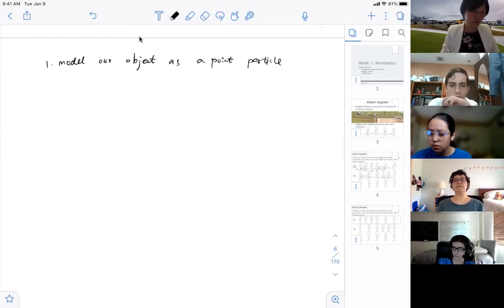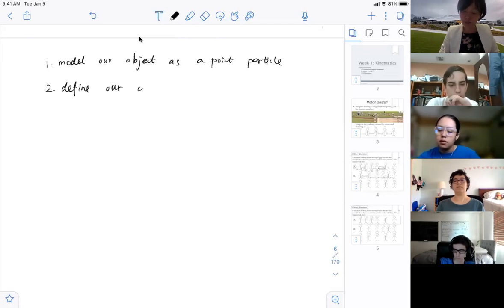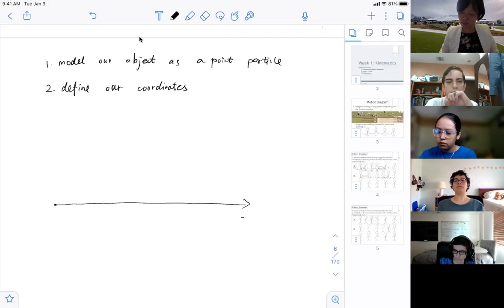And also, we have to define coordinates, meaning which way is positive, which way is negative. So let's say we define to the right as positive in the X direction, and I'm going to draw these little points as the position of my object at different time intervals.